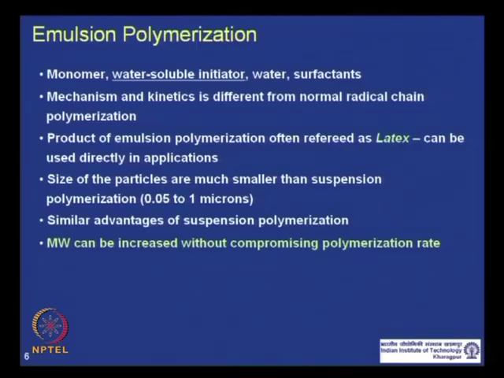Now, at the end of the polymerization you get the polymer product as dispersed particles, not large beads like suspension polymers. There is a much smaller size, about 0.05 to 1 microns, particles which are dispersed in an aqueous medium.